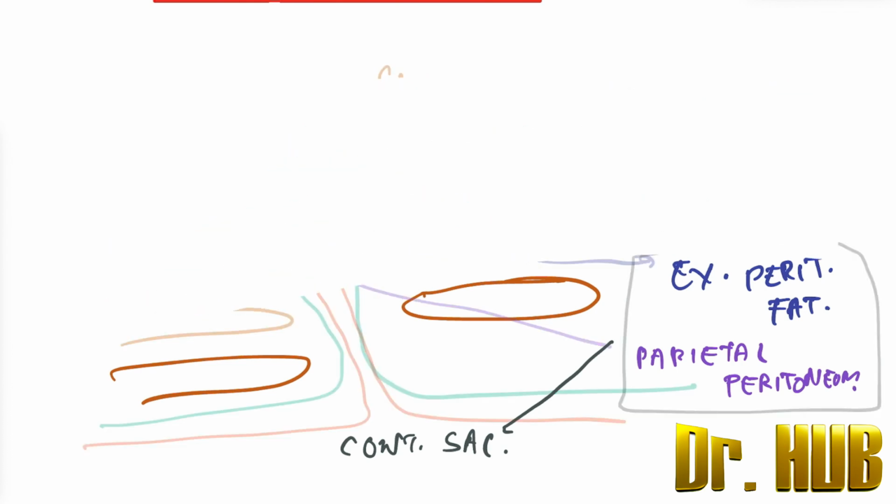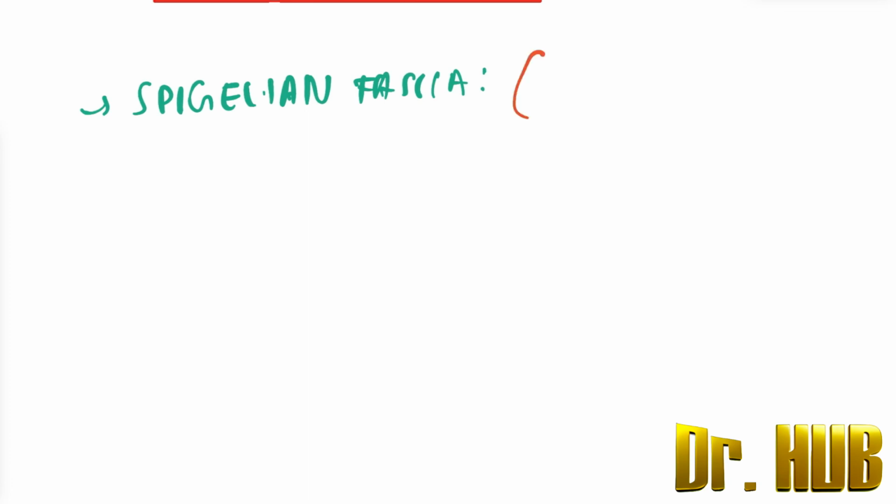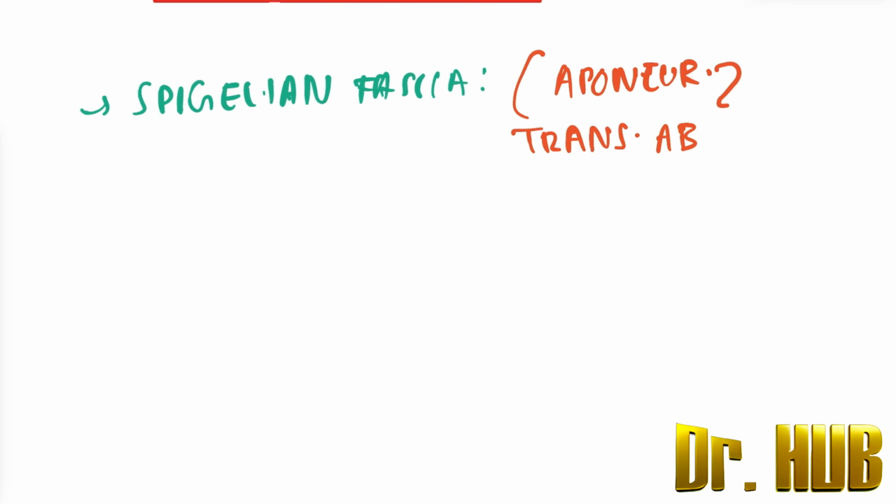Now let's move further to the theory. So this occurs at the Spigelian fascia. The Spigelian fascia is nothing but an aponeurosis of the transverse abdominis.